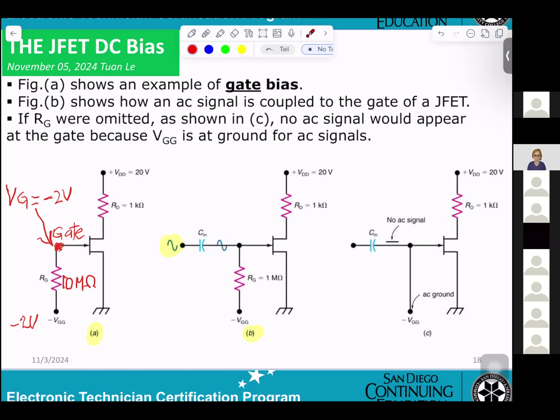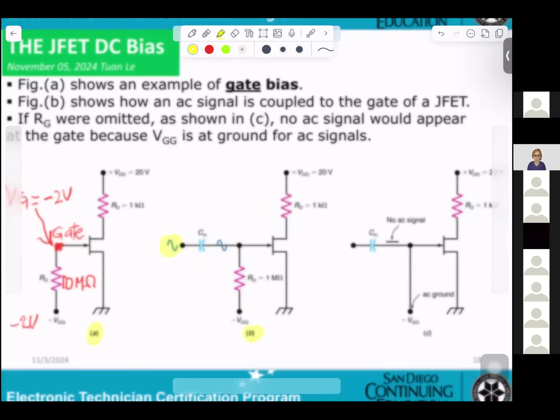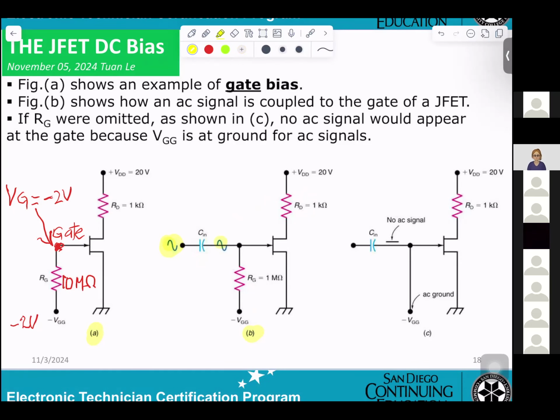When the JFET is built for the amplifier, then you get an AC signal coming in sideways here. The capacitor here, we already know from bipolar, is DC blocking, AC coupling. So you get the AC here, then you get AC here, correct? Right.